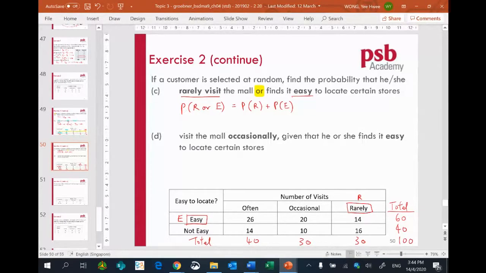So if we look at this, rarely here, easy here. So this is the number of customers who rarely visit the mall, but find it easy to locate certain stores. So these two can happen at the same time. So there are some overlaps.